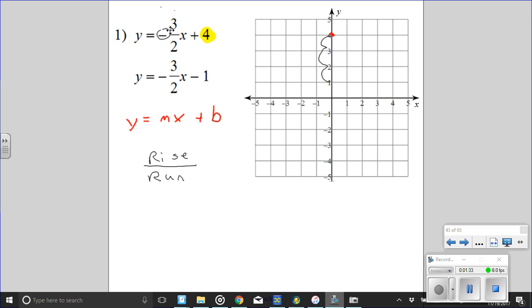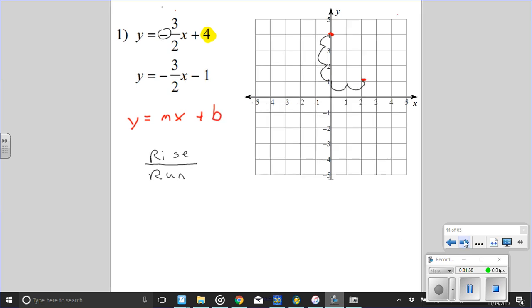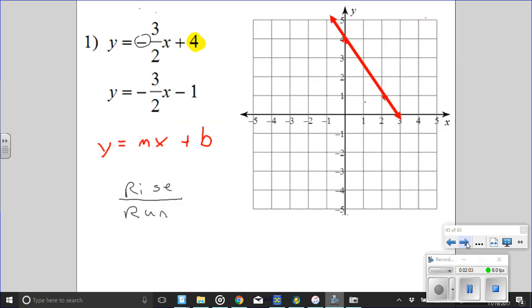Since it's negative, instead of going up, I'm going to go down 3 spaces. After I do that, I'm going to run 2 spaces to the right. Now that I'm over 2 spaces to the right, I have my other point, and I can draw my line, and that'll be my function. So I have the first one graphed, like so.